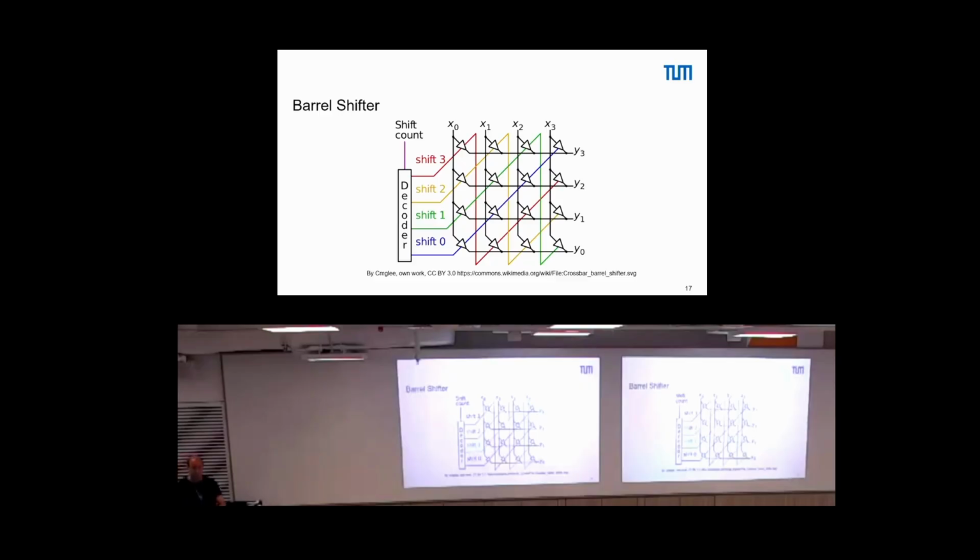Probably a little bit smaller. We make just the decoder. We take two inputs, X0 and X1, and here Y0, Y1. Maybe it's better if I exchange the order here, then I have not so many crossovers.